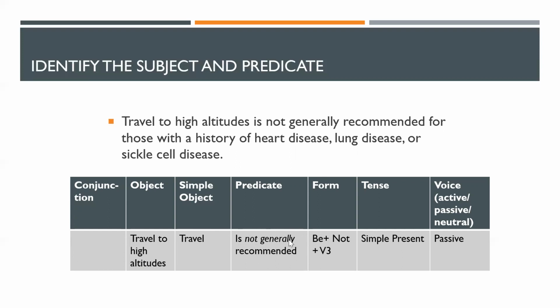Why do I put not generally in italic? Because not generally is actually an adverb or keterangan. The main one is is recommended, be in the form of verb one plus verb three. If the be, or is, is in the form of verb one, we have the tense simple present. If we have be plus verb three, we have passive. Okay.